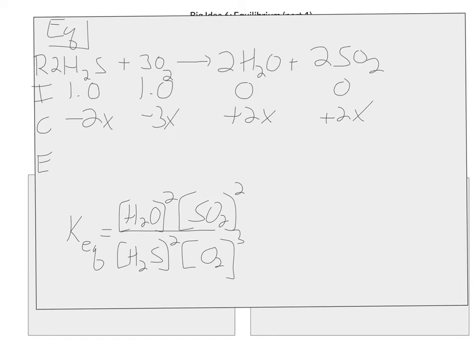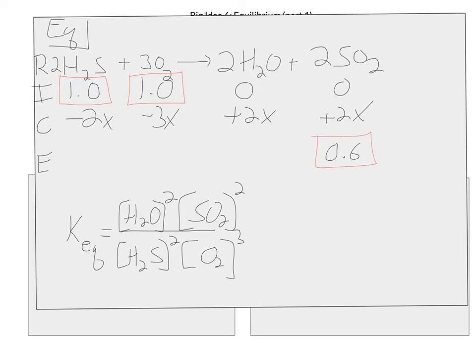But sometimes they give us different problems. They say, okay, I have these 2 things in an evacuated container. Let's highlight those in a different color. I've got these 2 reactants in an evacuated container, which implies that I have 0 of my products. And then they might say something like, oh, and at the end I have 0.6 moles of my SO2 gas measured.